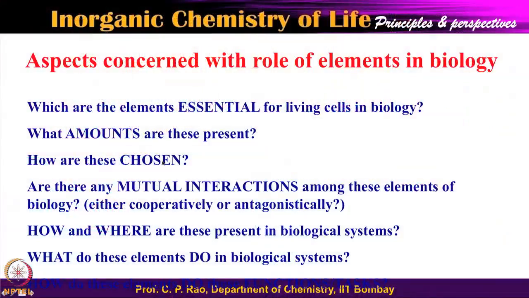They may make their friendship in a cooperative way, and they may extend their interactions even antagonistically. I will explain both these terms a bit later with proper meaning as well as connectivity. So you have which are essential, how much amount they are there, who chooses all this, how these are being chosen, and whether you have any interactions in this.